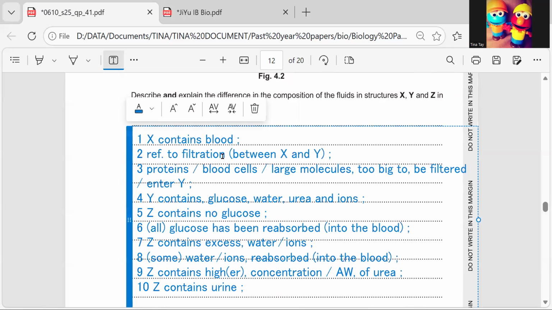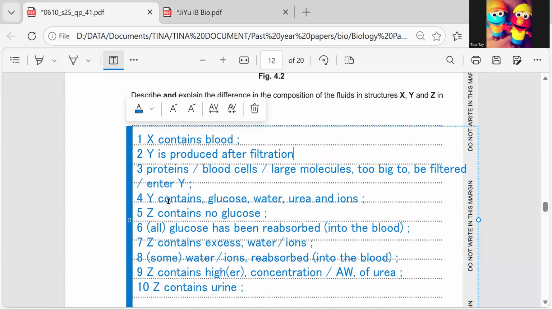So X is blood. Y is produced after filtration. You cannot just copy the marking scheme. You must explain: proteins, blood cells, and large molecules are too big to be filtered.